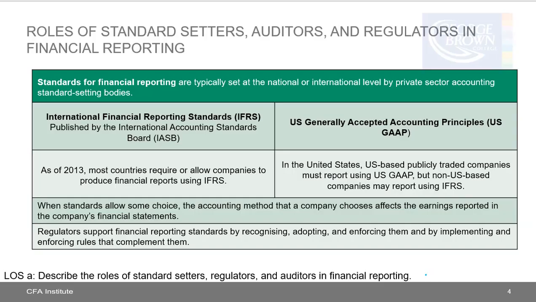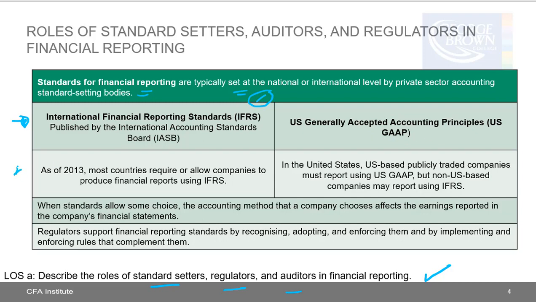Learning outcome statement A is describe the roles of standard setters, regulators, and auditors in financial reporting. So the first thing that we're going to look at are the standard setters. Standards for financial reporting are typically set at the national or international level by private sector accounting standard setting bodies. So the two standards that we need to be familiar with are number one, IFRS, which is International Financial Reporting Standards, and number two, US GAAP, which is US Generally Accepted Accounting Principles.